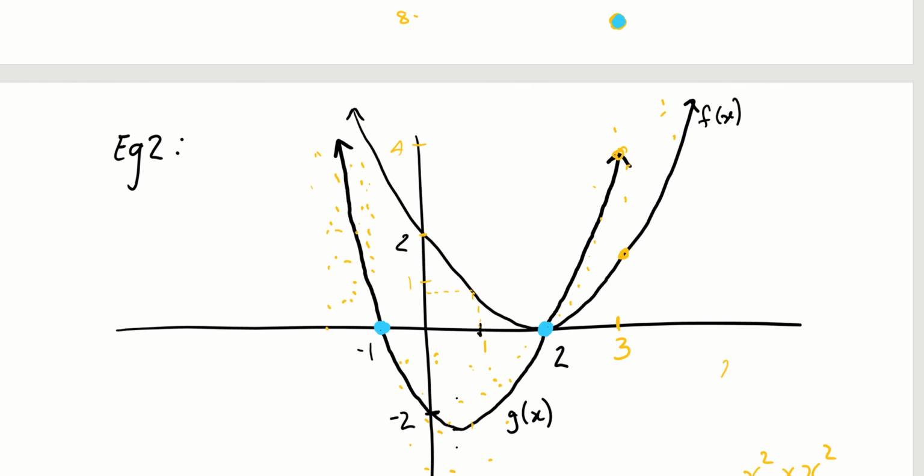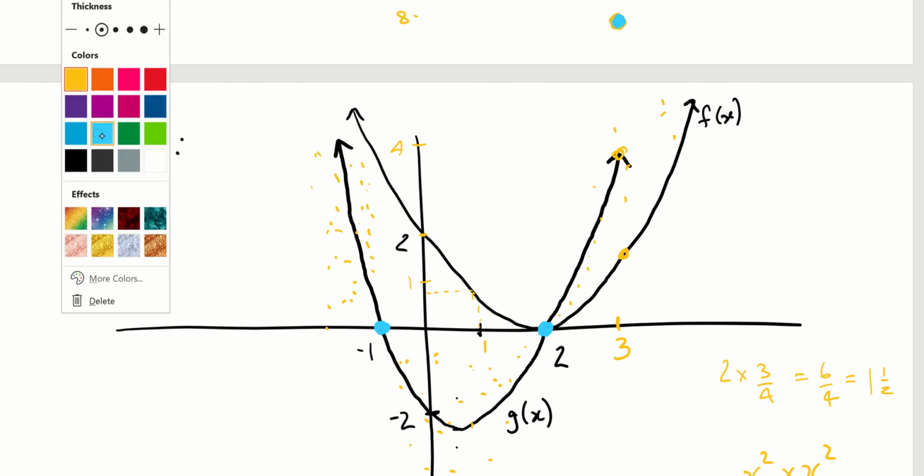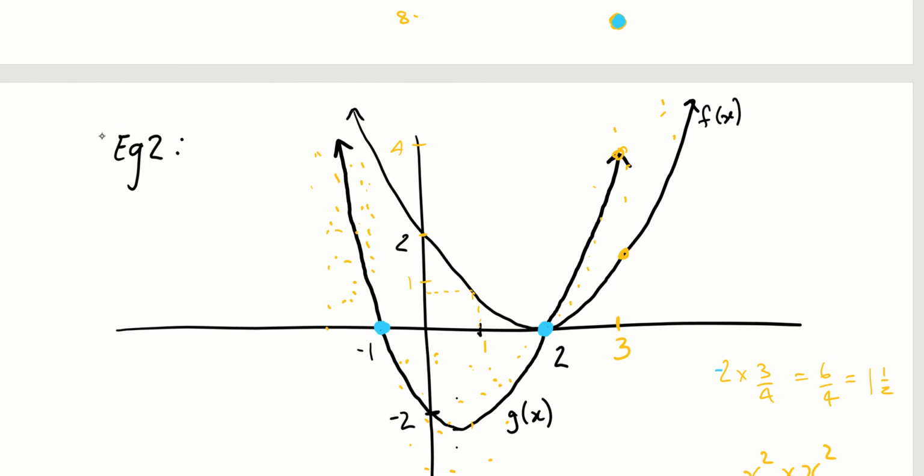So let's go 2 multiplying by 3/4 gives me 6/4, which is then the same as 1.5. So that tells me that I'm going to be sitting down here at about 1.5 in the negative region, because technically that's a -2. Alright, -1.5 about here.